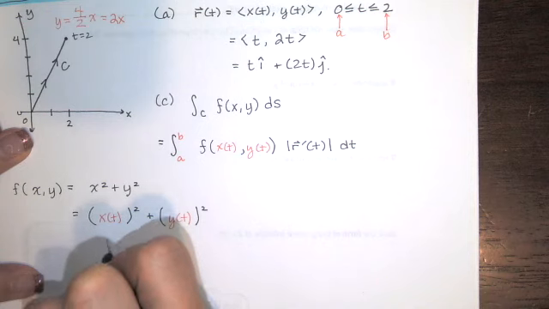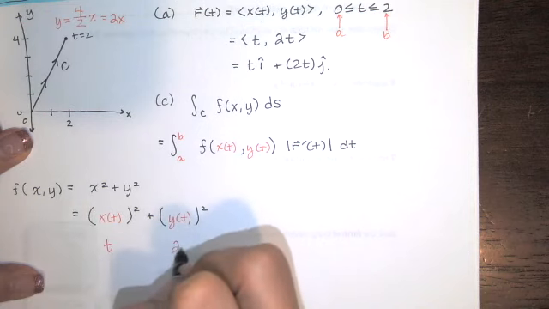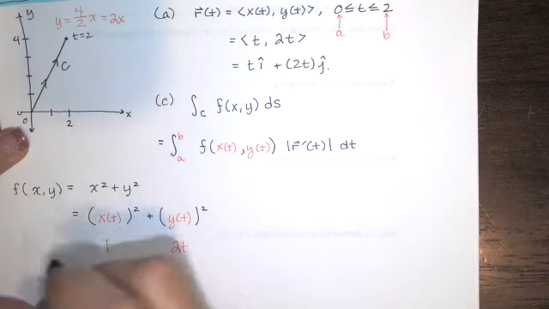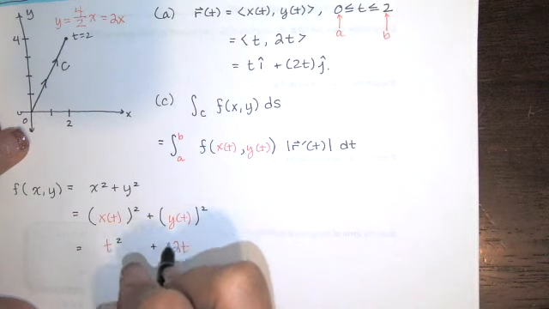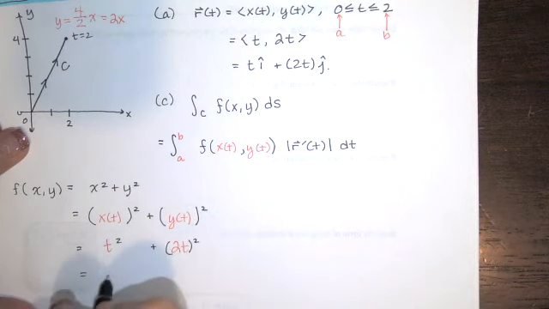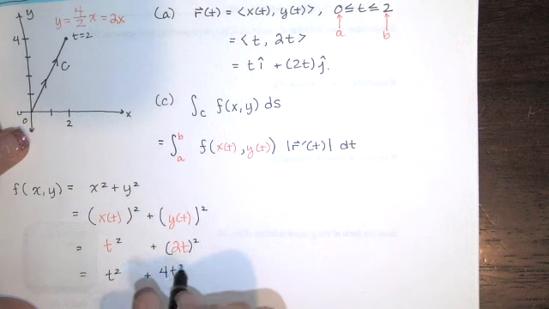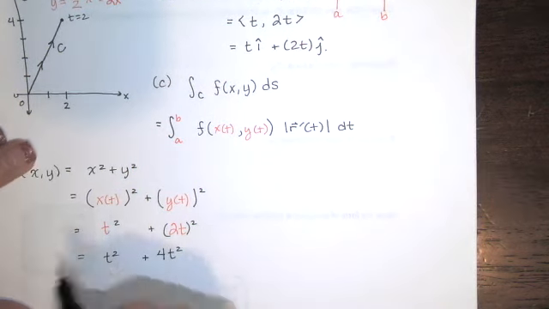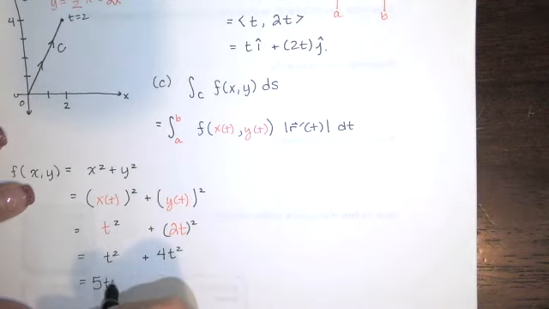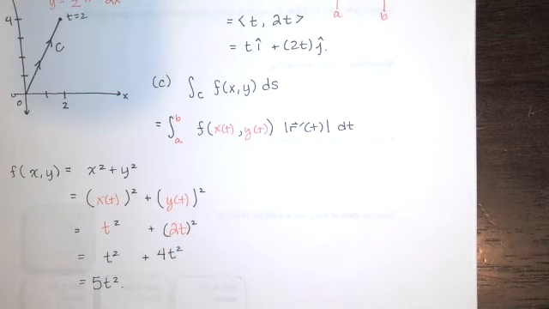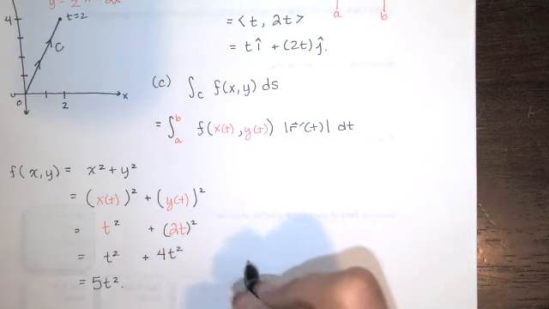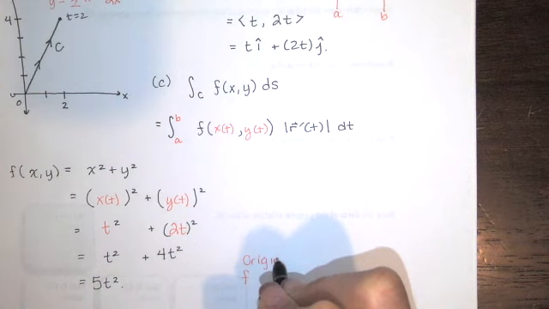Now x of t turns out to be t, and y of t turned out to be 2t, given the particular parameterization we came up with. So I've got t squared plus, you want to square each of the factors separately, 4t squared. T squared plus 4t squared is 5t squared. And that is our integrand in terms of t.